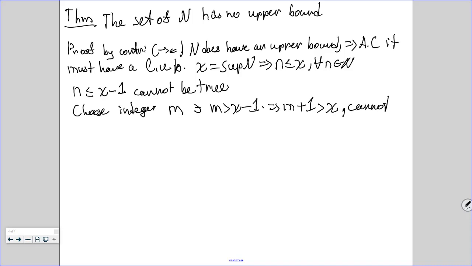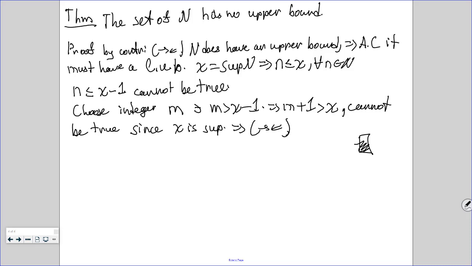If it's the supremum, it should be greater than or equal to all natural numbers. So from here, we have a contradiction. We proved that N does not have any upper bound.